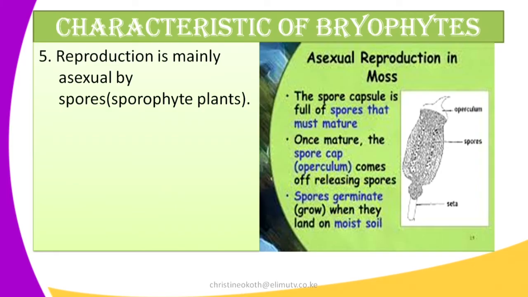Once they mature, the spore caps come off, releasing the spores. They burst out and release the spores. When these spores germinate, they germinate in the soil, maybe on land or in moist soil. This means that other organisms are going to come out from the spores which have burst out. That is the first type of reproduction they undergo.